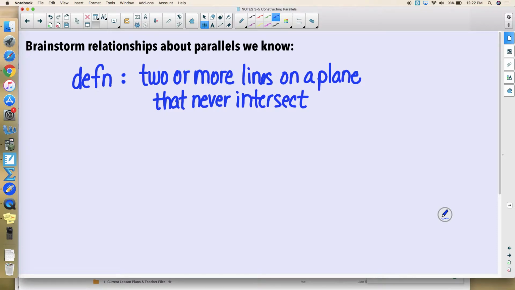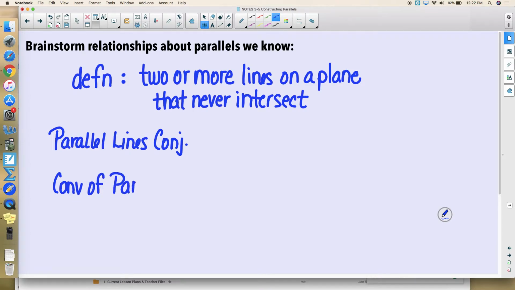So if you were to go to your notebook, you have 2 properties that mention parallel lines. One of them is the parallel lines conjecture. The challenge we'd have in using that is it needs us to already have parallel lines in order to use it. The converse, however, does not. The converse says that if we do certain things, then we get parallel lines.